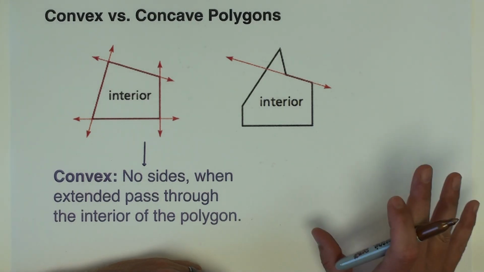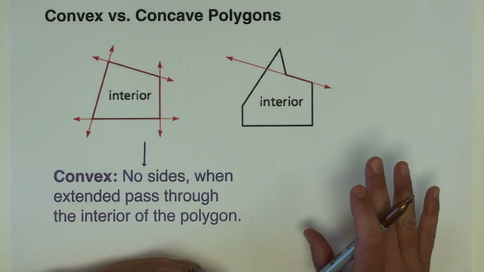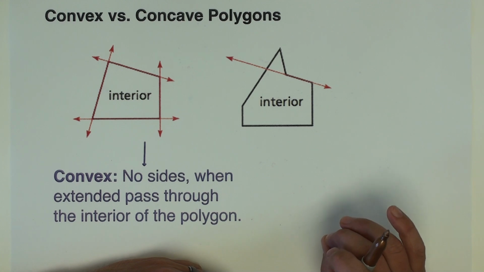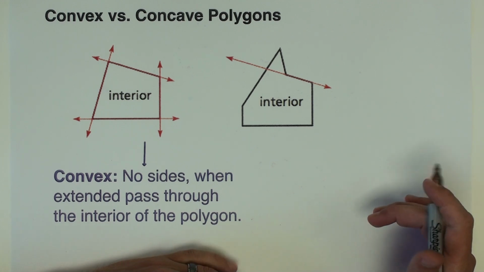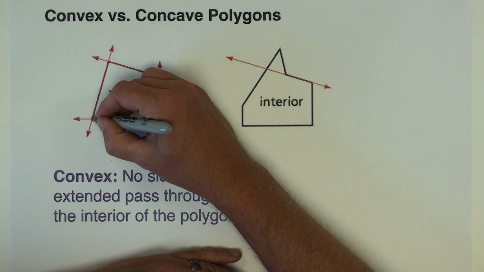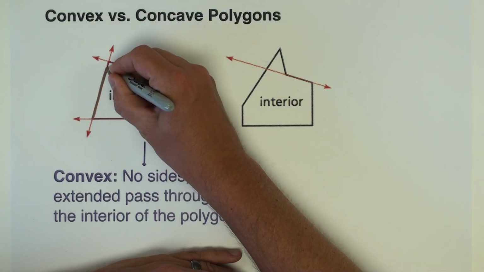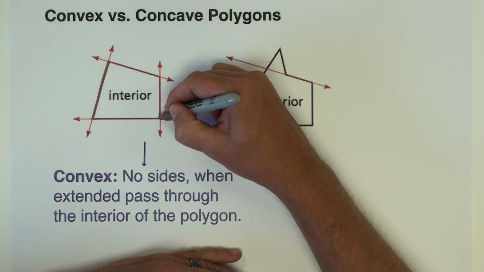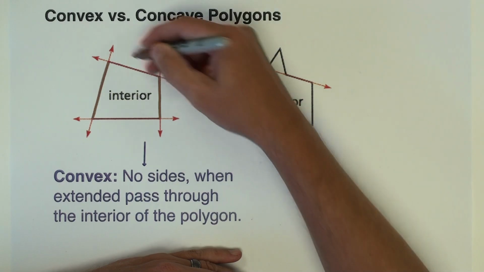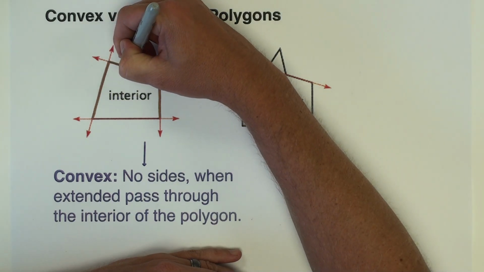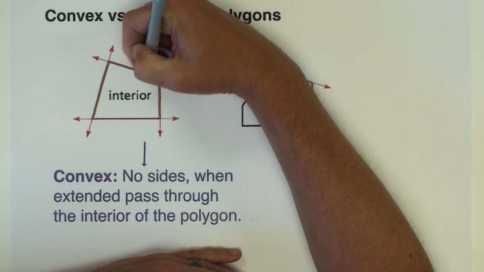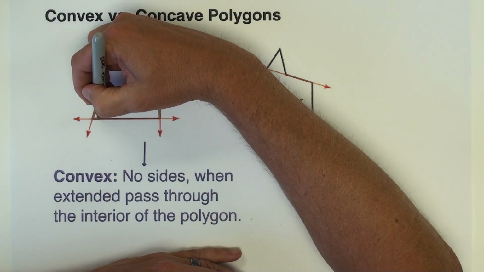Now, all polygons are going to fall into one of two categories. They're either going to be what we call convex or concave. So I want to look at this polygon here. I'm going to trace it out, and then we'll look at the definition here. So here's the actual polygon. It's a 4-sided polygon, so this is a quadrilateral.